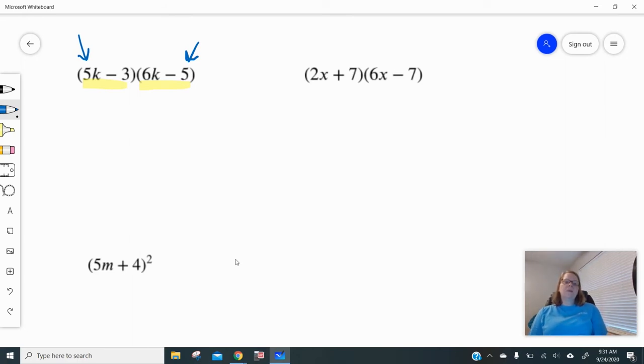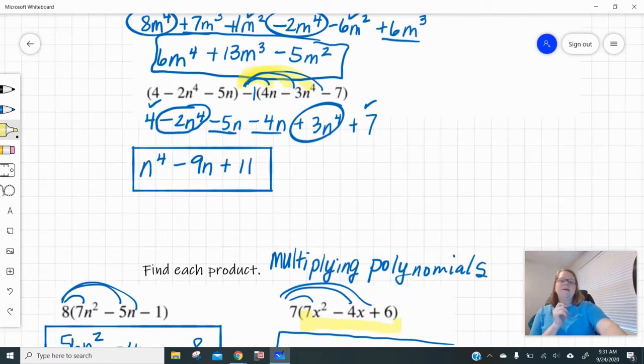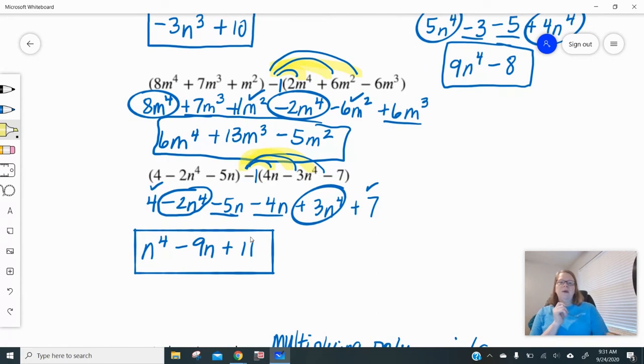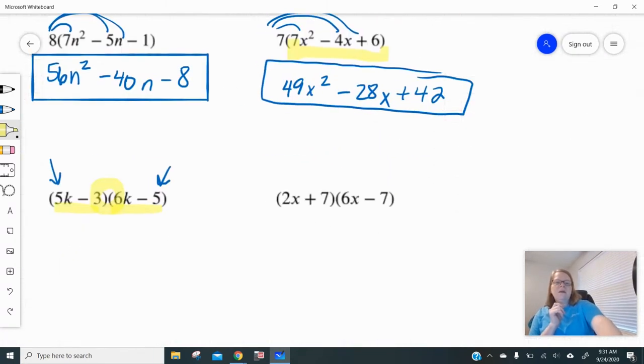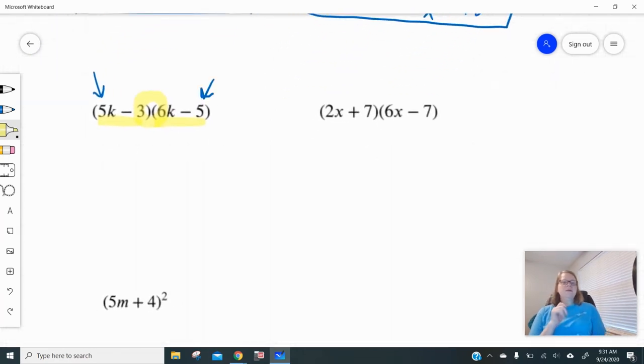Because this is parentheses, notice there's nothing in between the parentheses. There's no symbol in between like before, where we had a plus or a minus. Like up here, you had the plus or the minus in between. Here, there's nothing in between. And so let me erase some of those little marks.